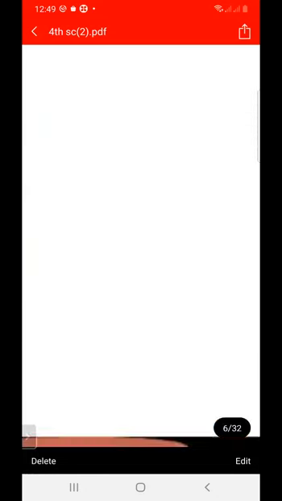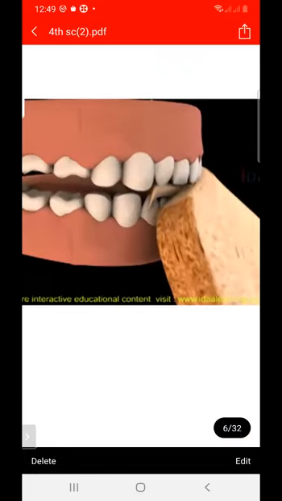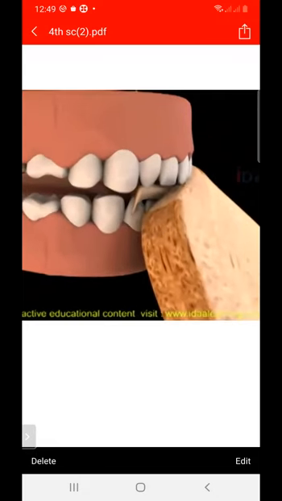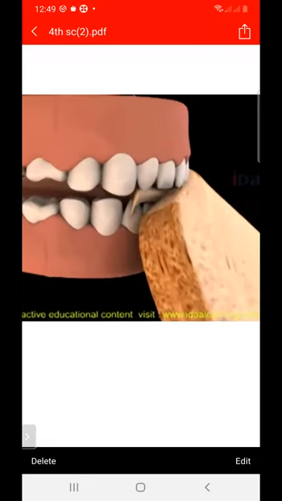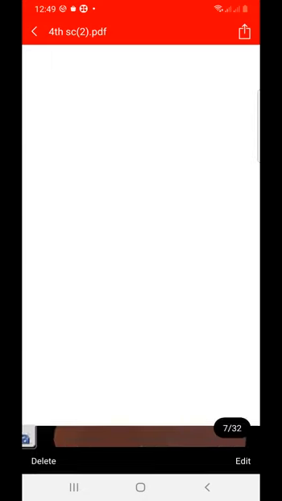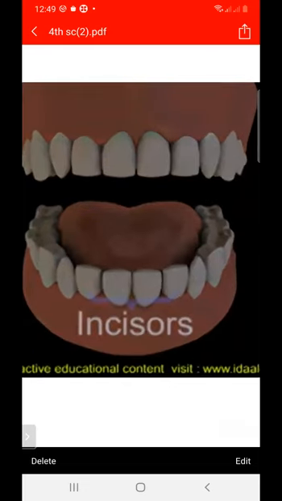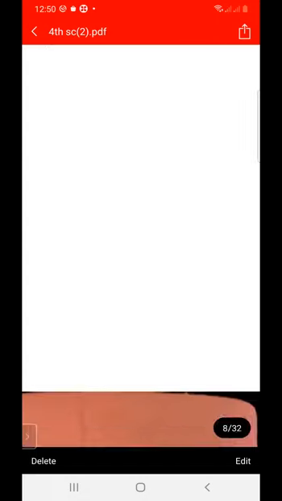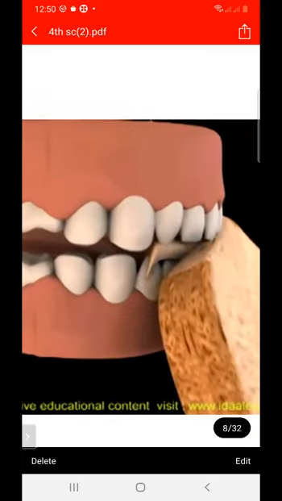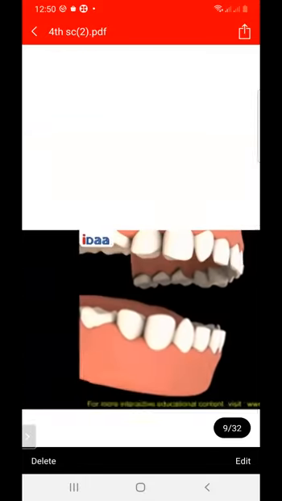First is the incisor. With the help of incisors, we can tear the flesh. The first four teeth are called incisors, and they help to tear the flesh.